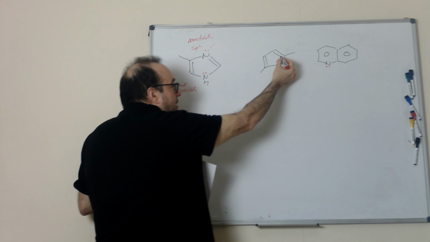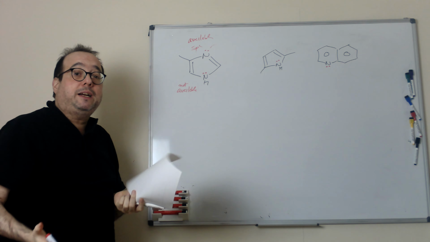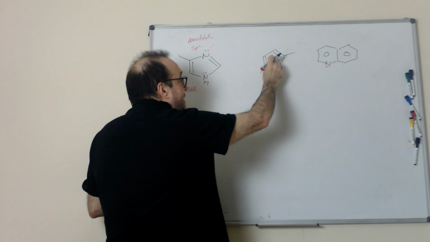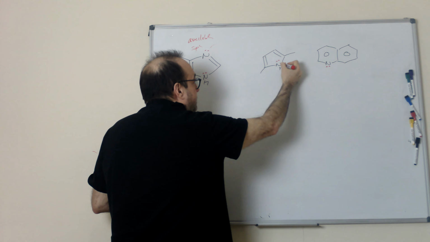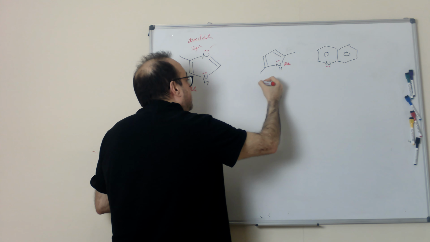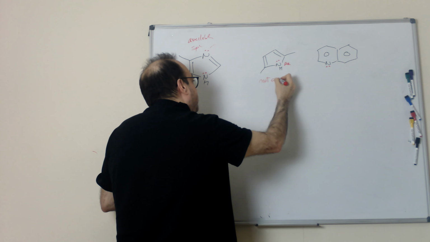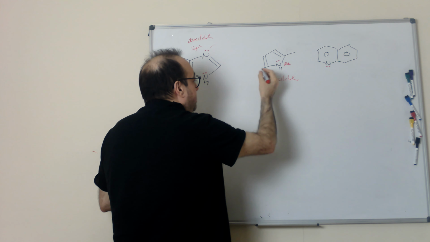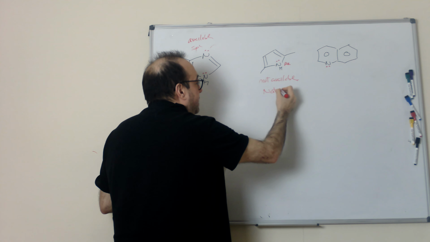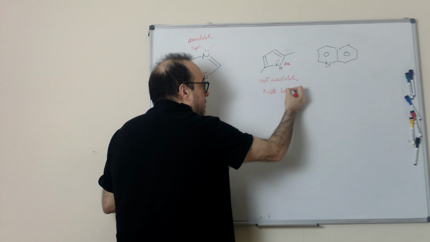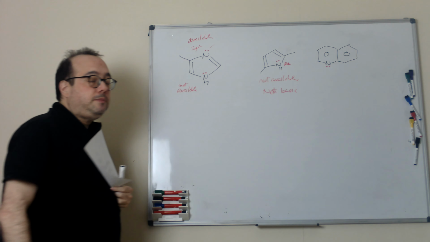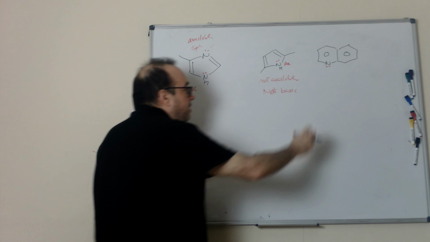Second one, pyrrole. The pair of electrons of the pyrrole nitrogen, because the pyrrole is an aromatic ring, are not accessible, they are in the pz orbital. That means not available, so this compound will not be basic. Finally, the isoquinoline.